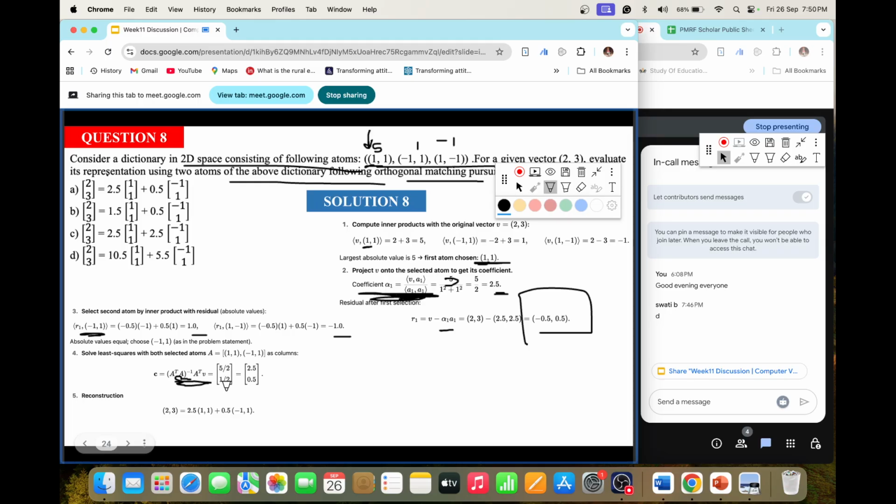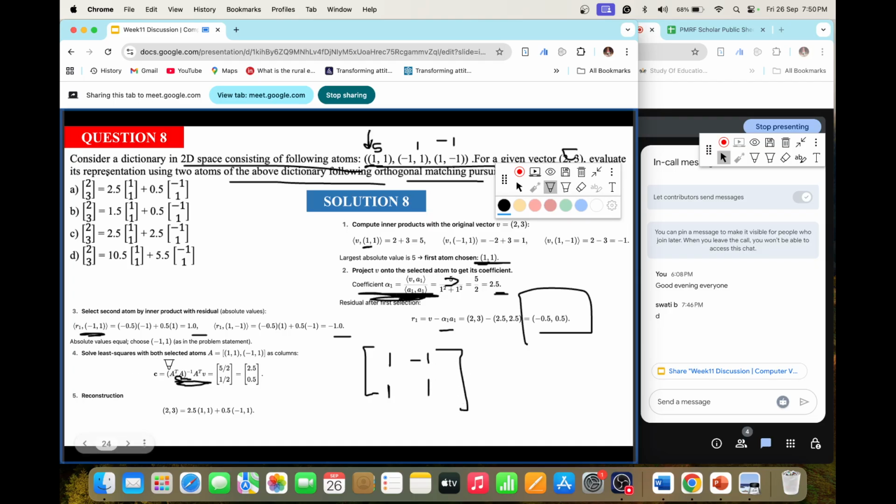V is your given vector, and A is made of the orthogonal vectors you have chosen: the first one, 1 comma 1, and the second one, -1 comma 1. So this is your A matrix.